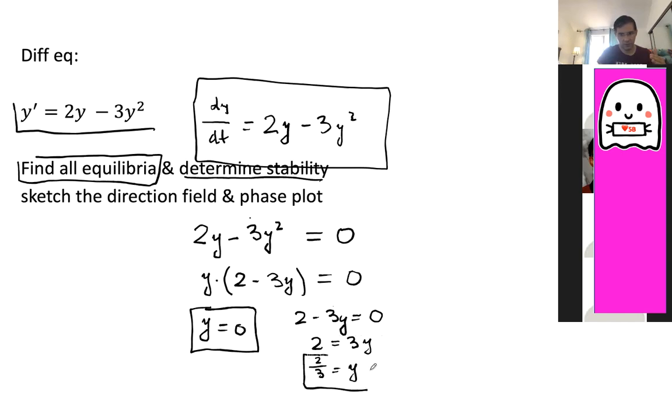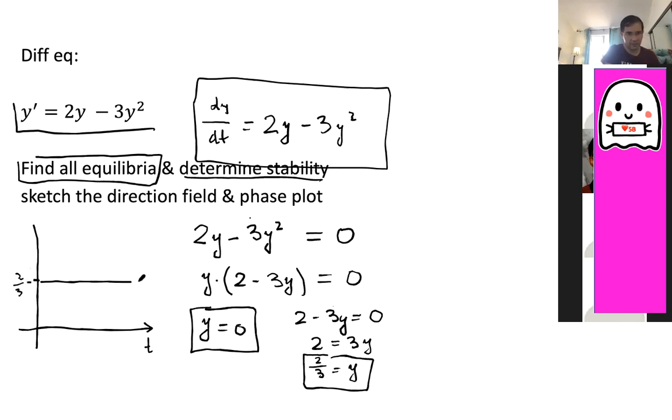Two functions. So this is the y-axis, this is the t-axis. One equilibrium solution is the constant function 2 over 3. So this is 2 over 3, and the constant function looks like this.